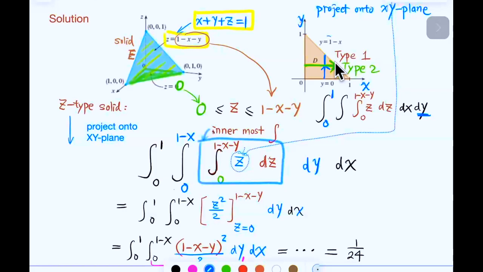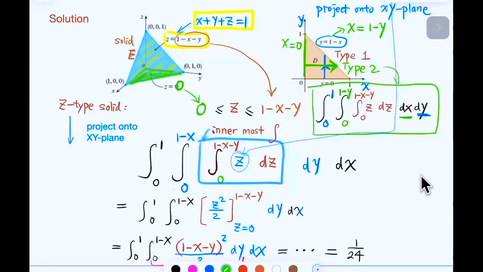Because for this one over here, if you change that, you have x equal to 1 minus y, okay? And here, this is x equal to 0. So x over here will go from 0 to 1 minus y. And then you will have this triple integral. The result should be the same. Okay, try that. So if you regard that as a type 2, then you have this. All right.